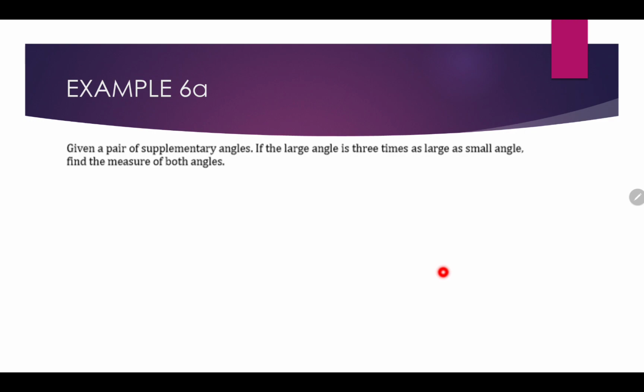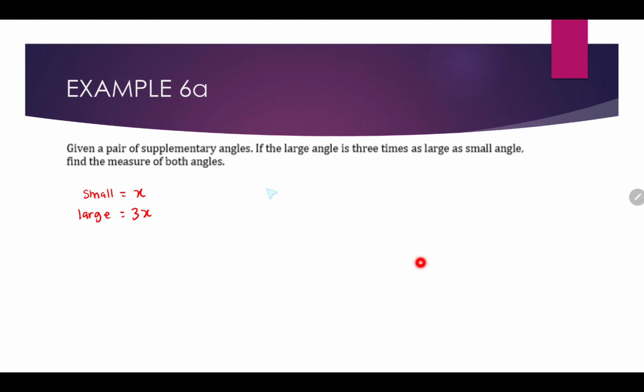Okay, so kita ada dua angle which is both are supplementary. So the first one is the small one and the second one is 3 times larger. So kita boleh kata the small, kita boleh letak X, and then the large angle kita boleh letak 3X. Okay, sebab dia kata 3 times.